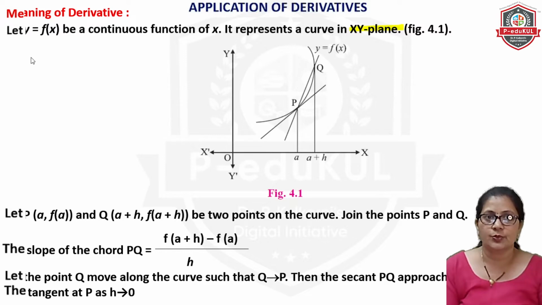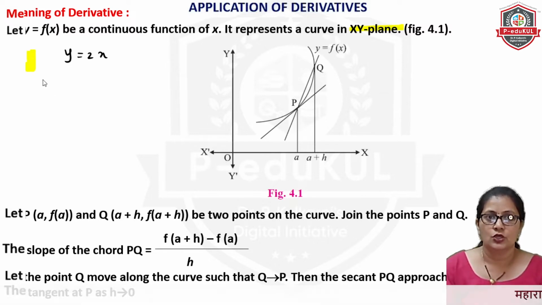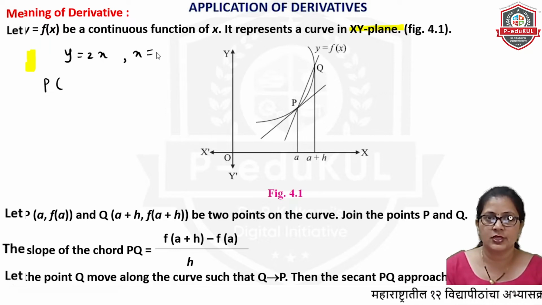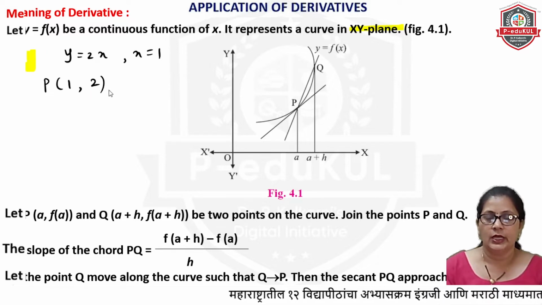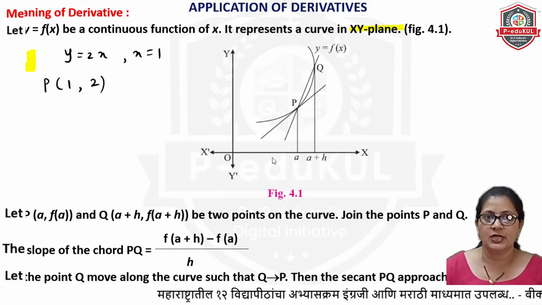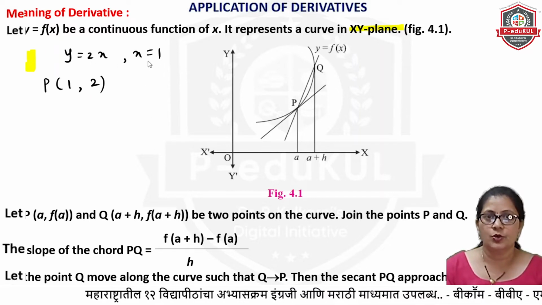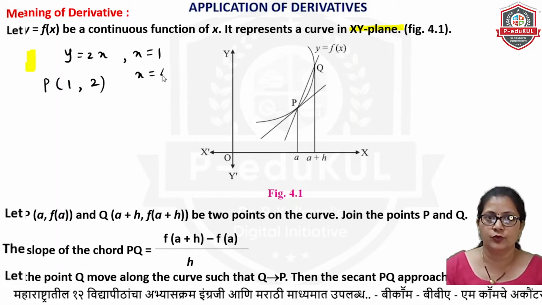For example, suppose your y is equal to 2x. Your point P will be, suppose x is 1, then (1, 2). Now my other point is a plus h, so suppose x is equal to 4.